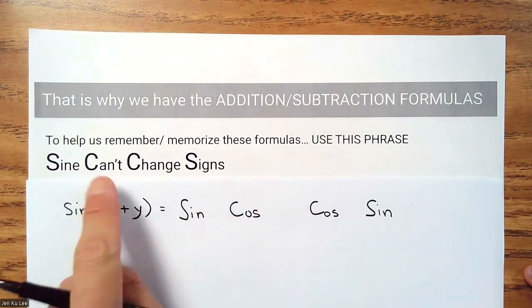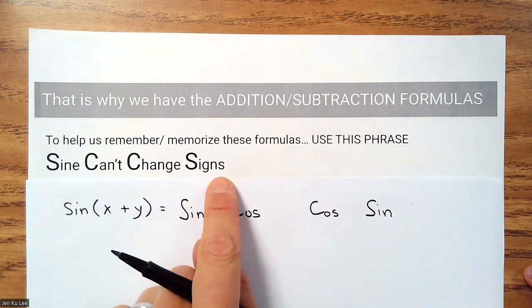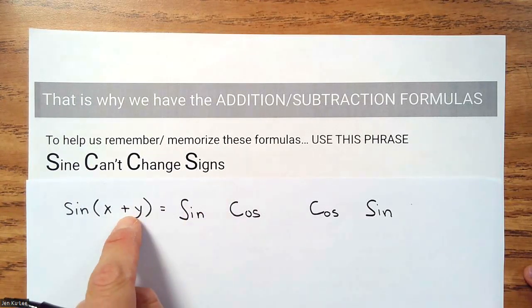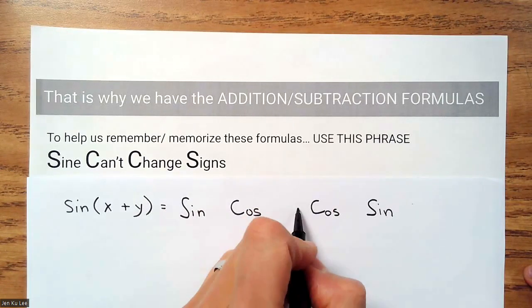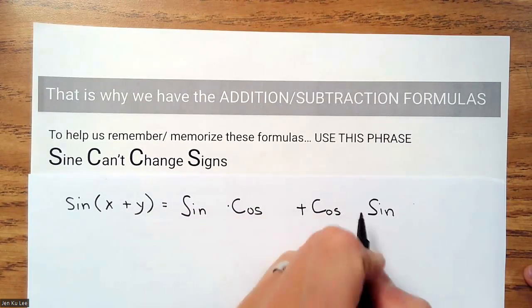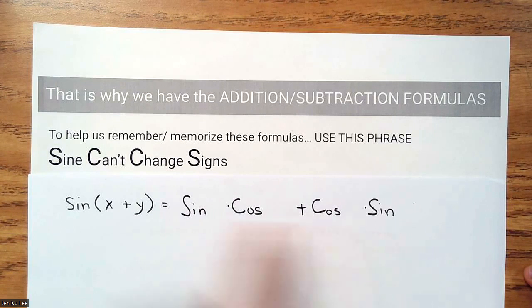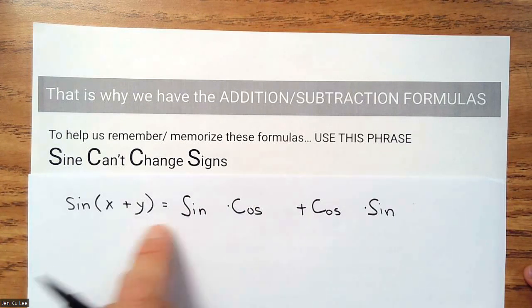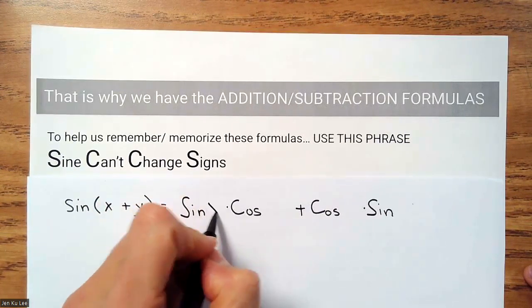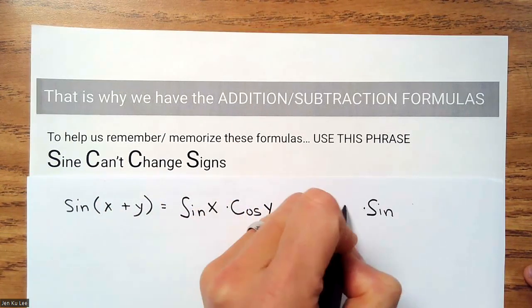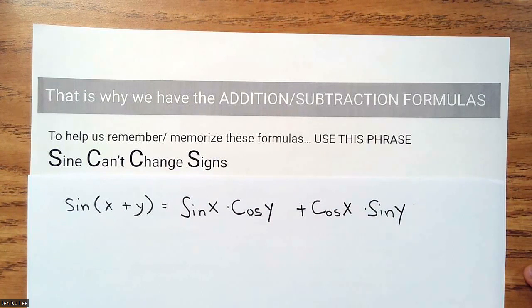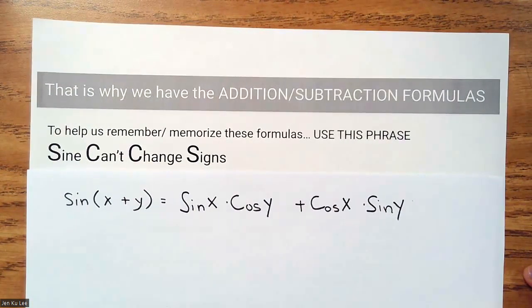Since sine can't change the signs, if this is a plus, this is also going to be a plus. We are going to be multiplying these two values. And what we're going to do with the angles is alternate them. X, Y, X, Y. That's the formula.